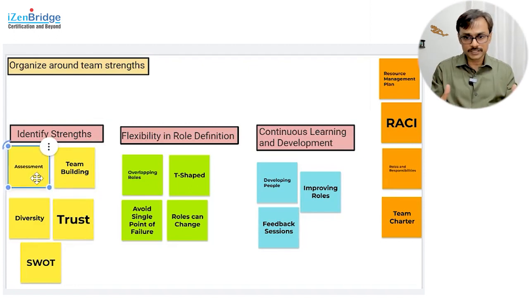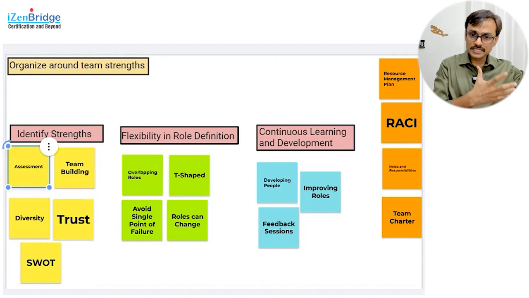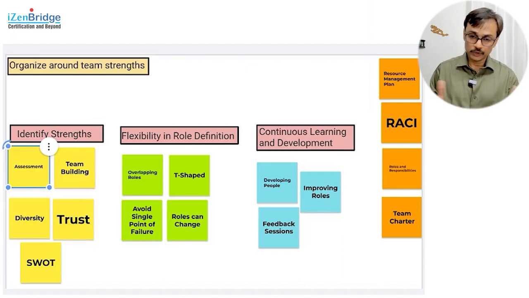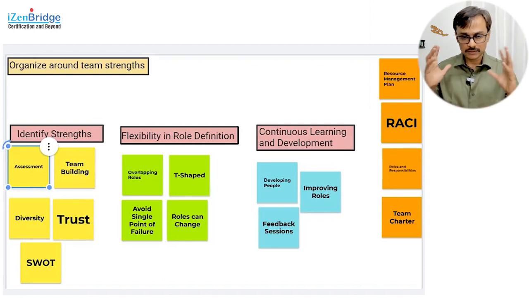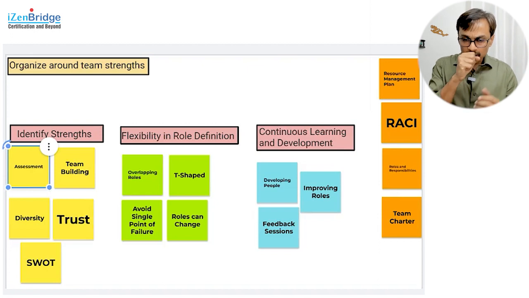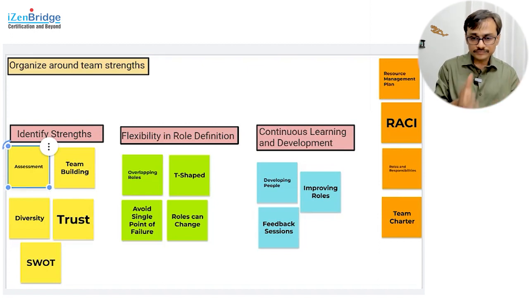There could be a formal assessment where you may take them through some kind of psychometric test, some kind of personality assessment, in agreement with them. That's also a part of the people domain. So we understand the emotional capability of each and every one, and the decision making process and the personality. So that can help us in identifying who is good in which area so that we can organize the work accordingly. So that's a possibility.